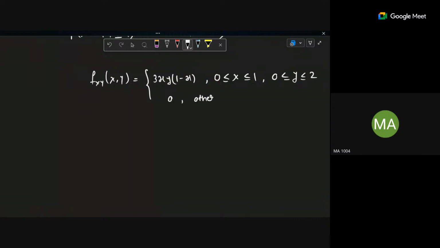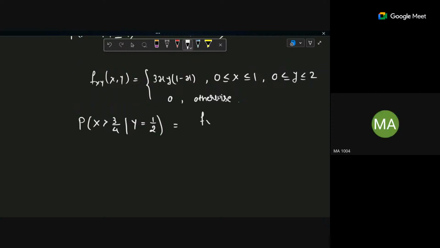So do you guys know why we are calculating the marginal PDF here? Yes, ma'am. For the conditional, we have joint upon marginal. Okay. So once I have to calculate this conditional PDF, what is the formula we have for the conditional probability of x greater than 3 upon 4 given y equal to half? It is the probability of the intersection of x greater than 3 by 4 and y equal to 1 by 2, divided by the probability of y equal to half.